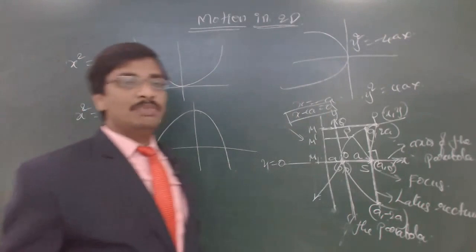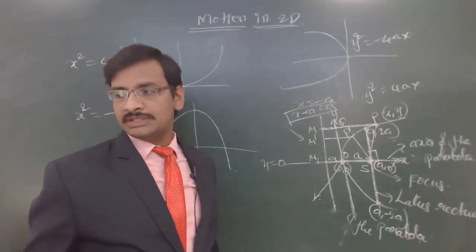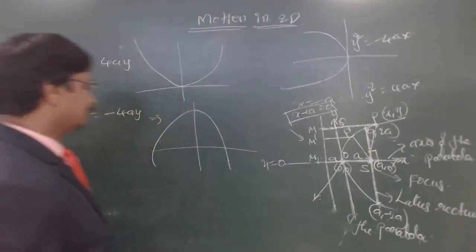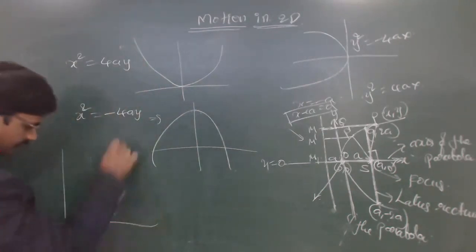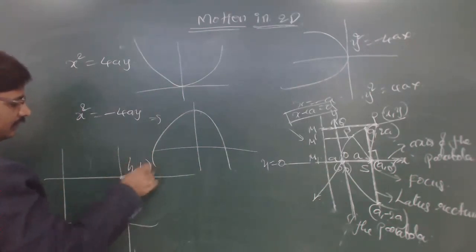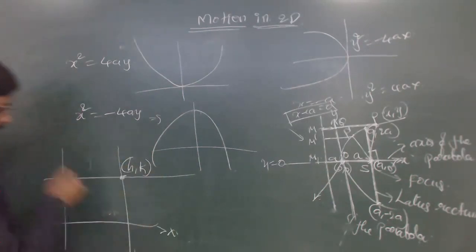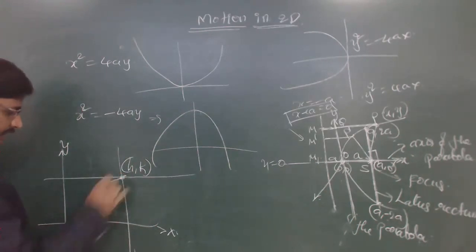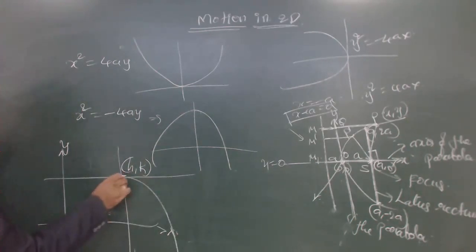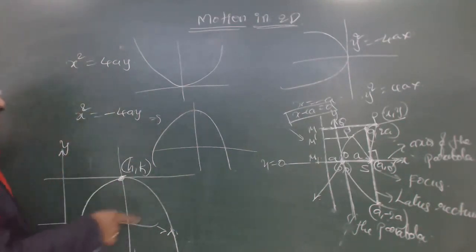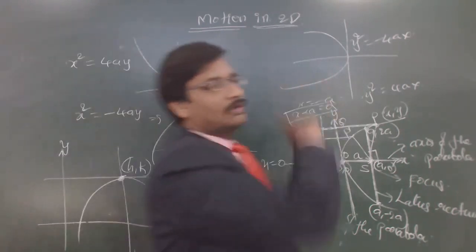And then based on the shifting of the coordinate system, you can shift the parabola to any location. Let us say you shift the parabola to a different location, at (h, k), with this as the x-axis and this as the y-axis. These coordinates (h, k) are nothing but the vertex of the parabola, and the equation will fit to all four forms.